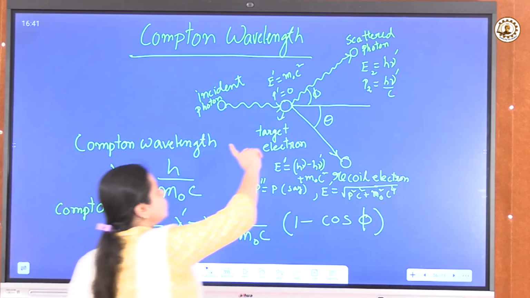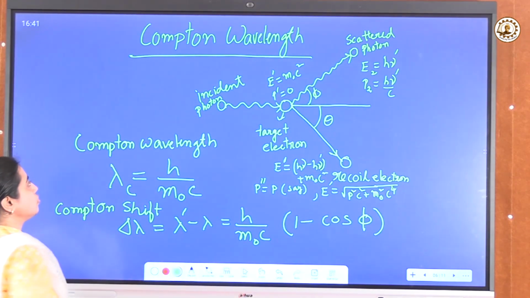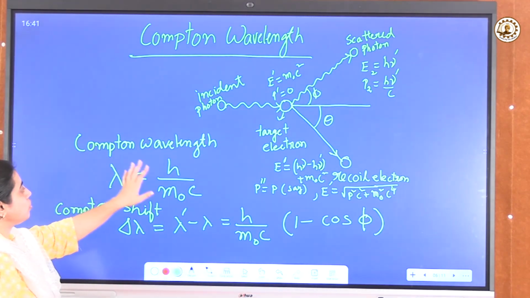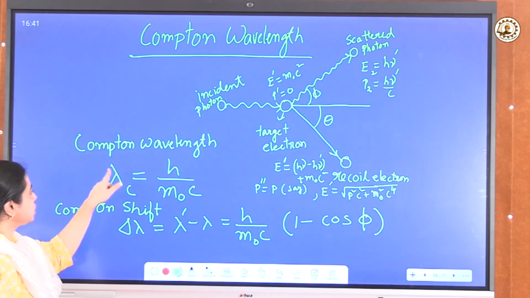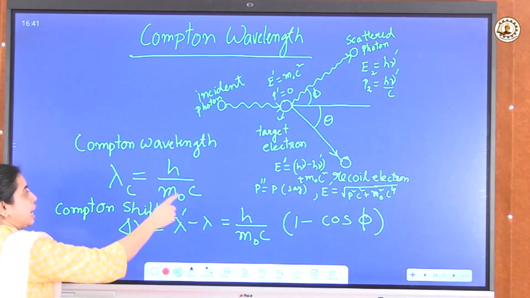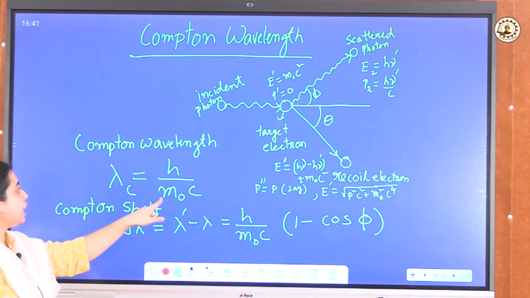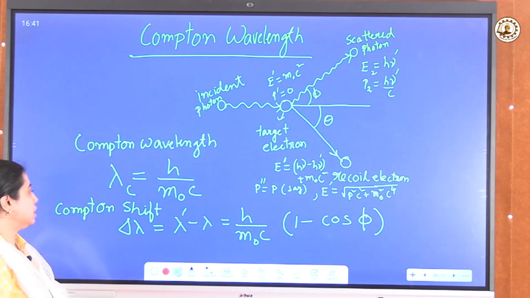Remember, the Compton wavelength formula is given by lambda c is equal to h by m0c, where h is Planck's constant, m0 is the mass of the electron, and c is the velocity of light.